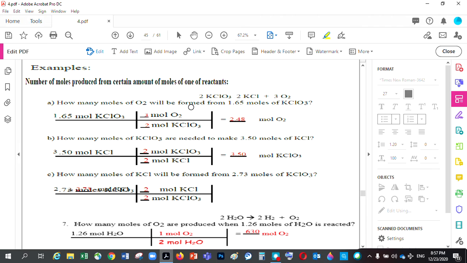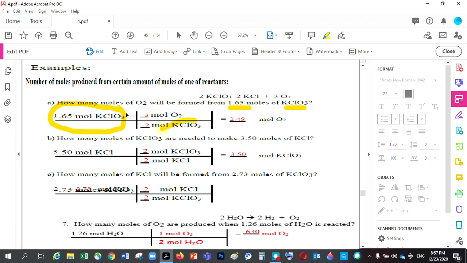Let's see here. It says how many moles of oxygen will be formed from 1.65 moles of potassium chlorate. Potassium chlorate is the reactant, and it's given to us. You always start with whatever is given to you. Then you put the ratio, potassium chlorate at the bottom. Why?